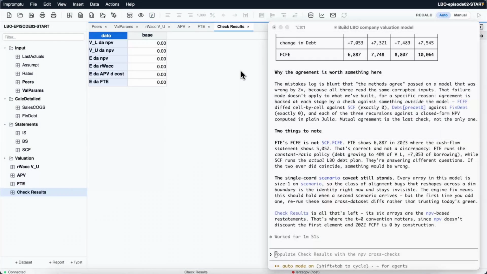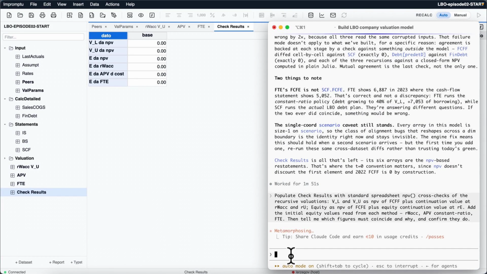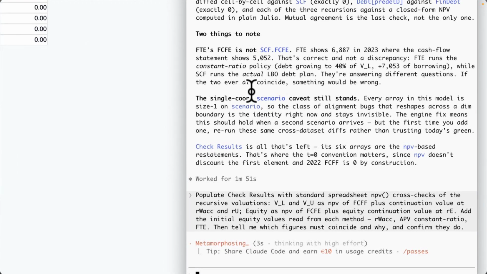Now let's prove it properly with independent checks. I'm asking the assistant to revalue everything a second way, plain spreadsheet net present value formulas, and tell me which numbers must coincide and why.